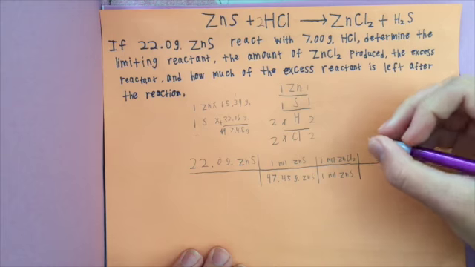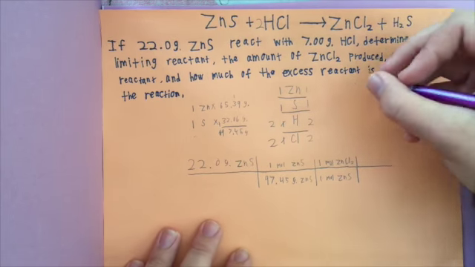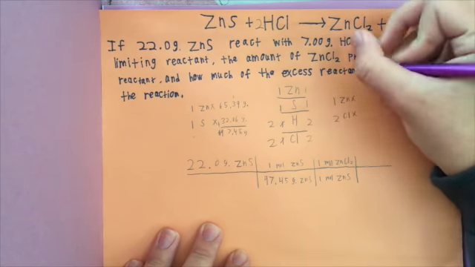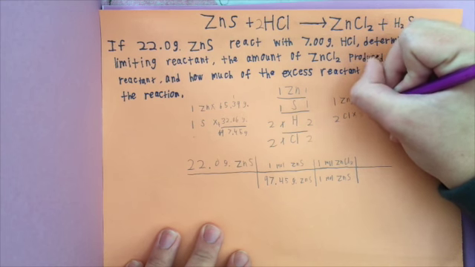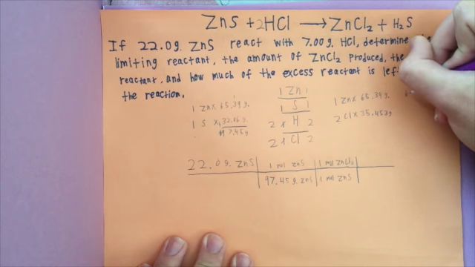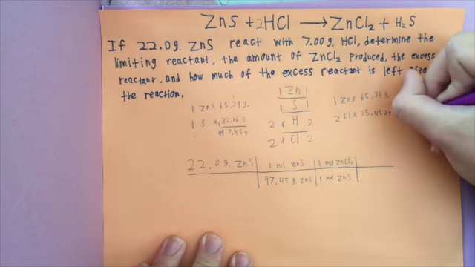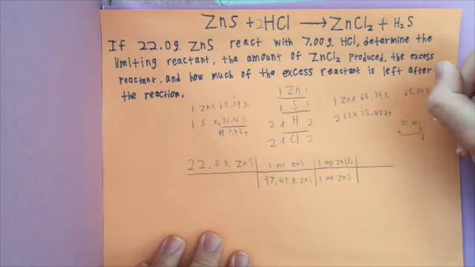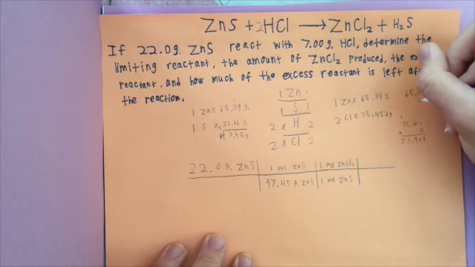Now, we have to convert moles of zinc chloride to grams. So, again, we have to calculate the molar mass of zinc chloride. So to do that, we have 1 zinc and 2 chlorines. Zinc, as we know, is 65.39 grams, and chlorine is 35.453 grams. So this will give us 65.39 grams, and then we'll add that to 2 times 35.453, which is 70.906.